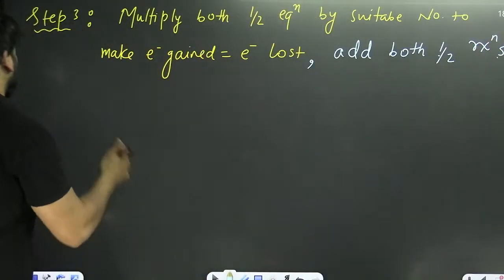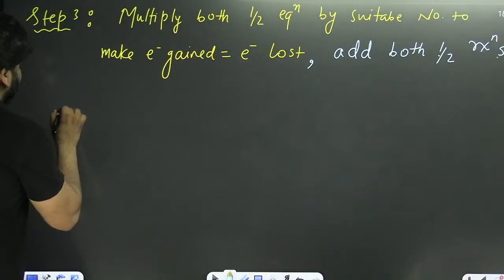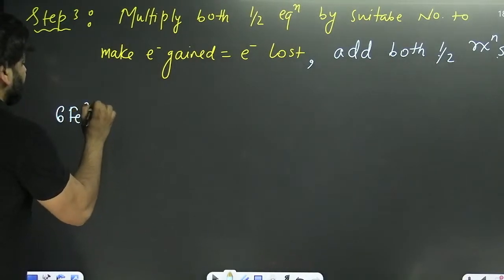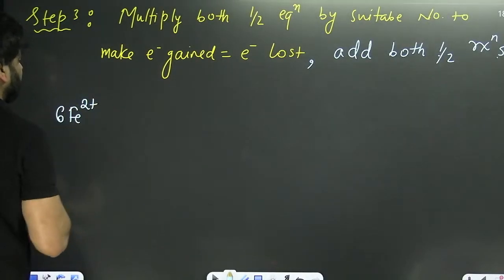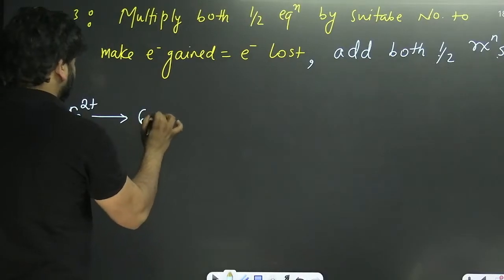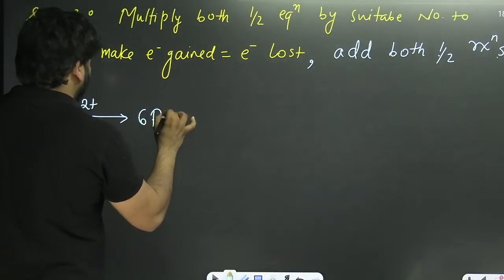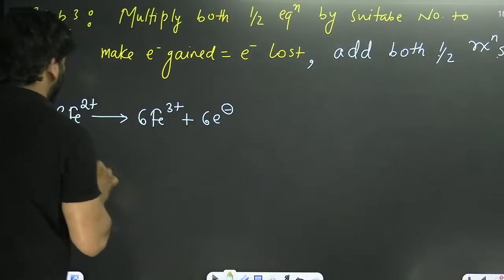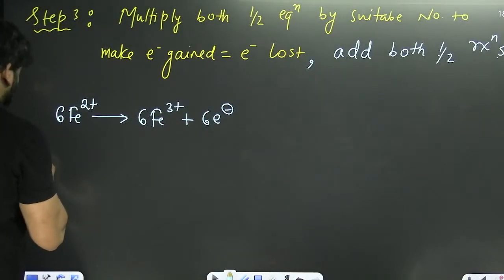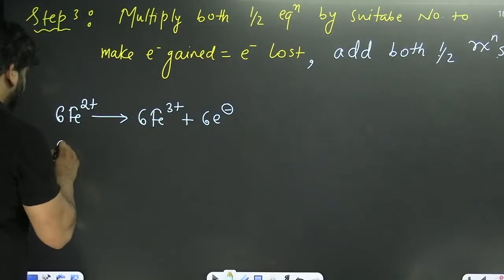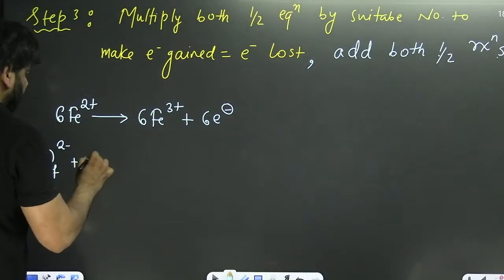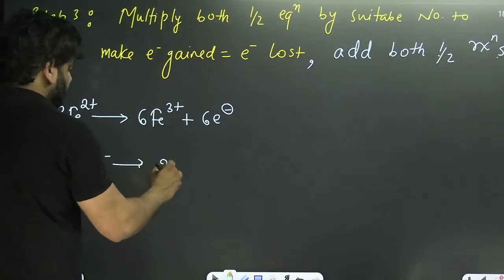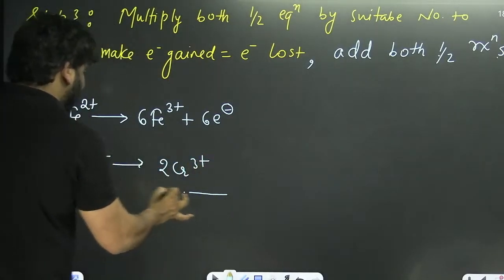So the first was 6 times Fe2 plus going to 6 Fe3 plus plus 6 electrons, and the other reaction was Cr2O7 2 minus plus 6 electrons gives 2 Cr3 plus, and now you add them.